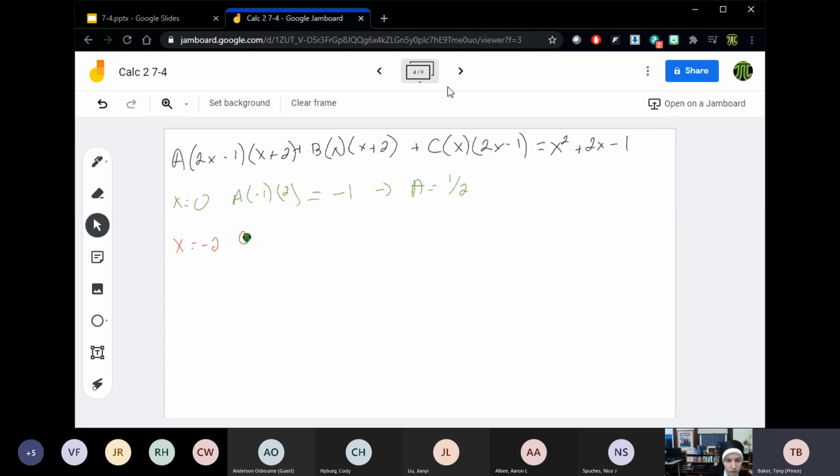So I have c times negative 2 times negative 5 equals 4 plus negative 4 minus 1. So this ends up coming out to be 10c equals negative 1. So c equals negative 1/10.